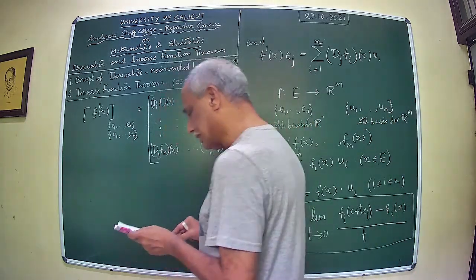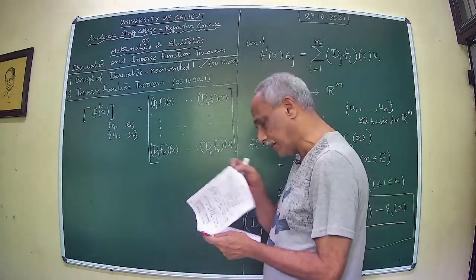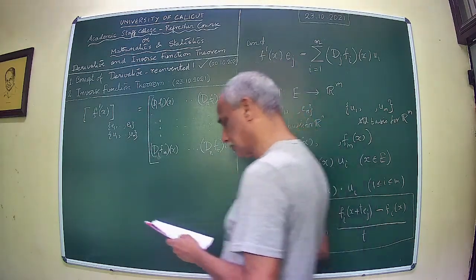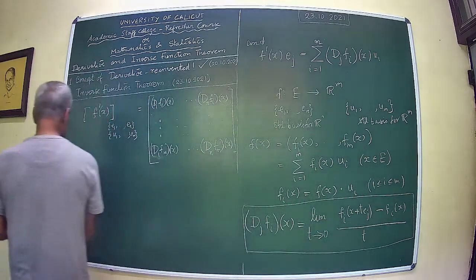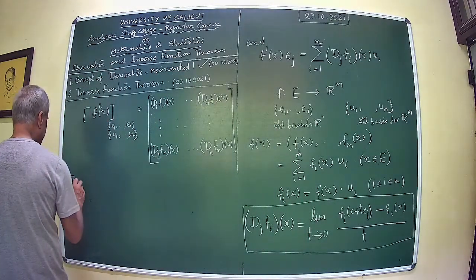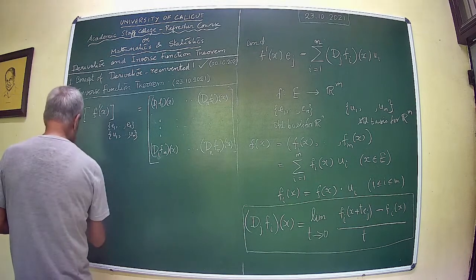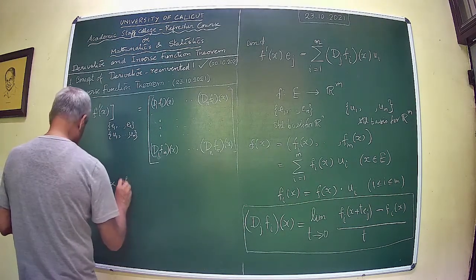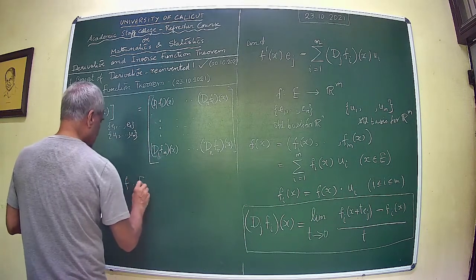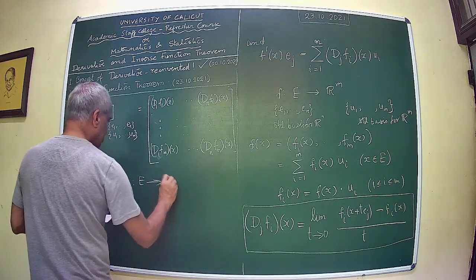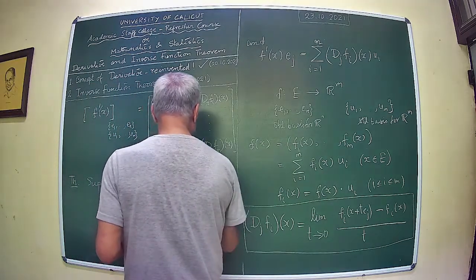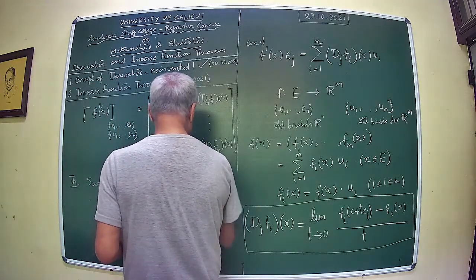Then naturally there is a question: what else is needed? So this is the theorem which answers this question. Suppose E is an open subset of R^n.